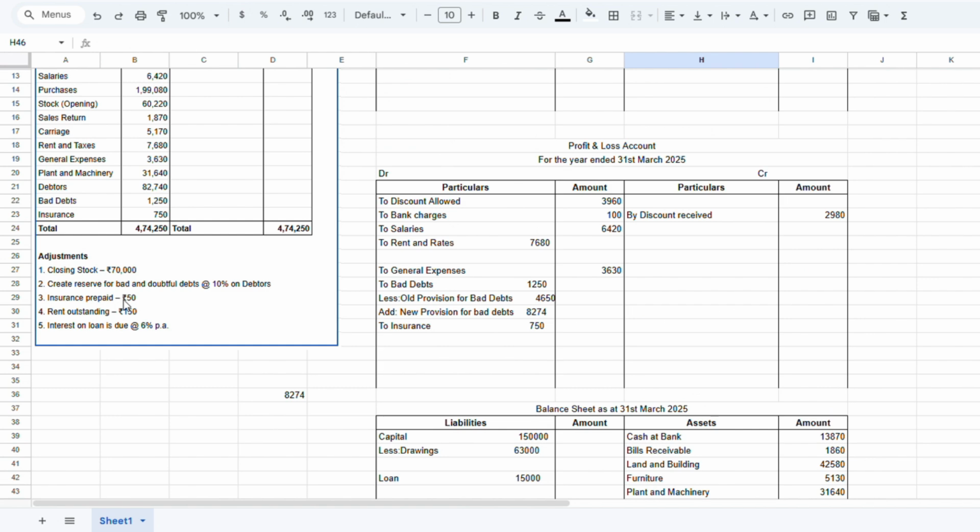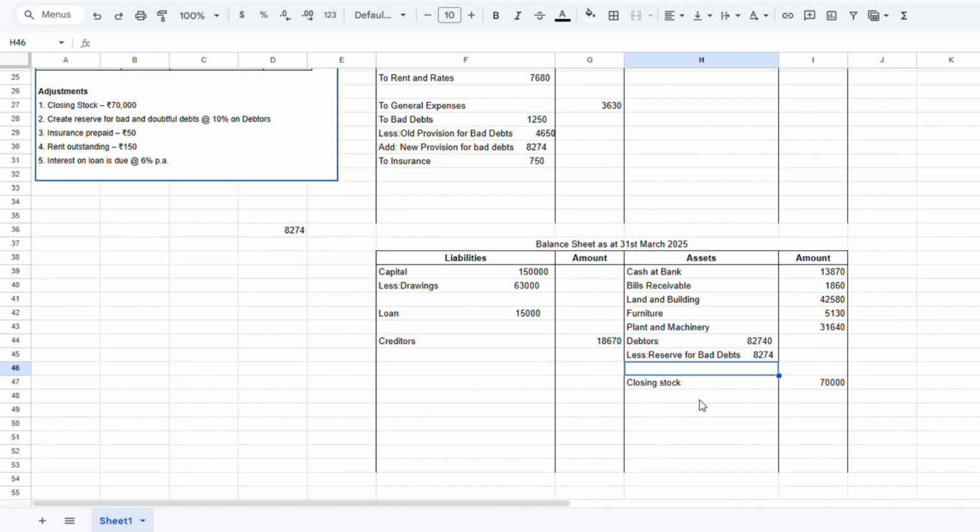Next, we have insurance prepaid 50. We will record it twice. The first one is profit and loss account, insurance. We will deduct it from insurance. And the other entry is balance sheet, asset side, because prepaid is an asset. We have already paid it.